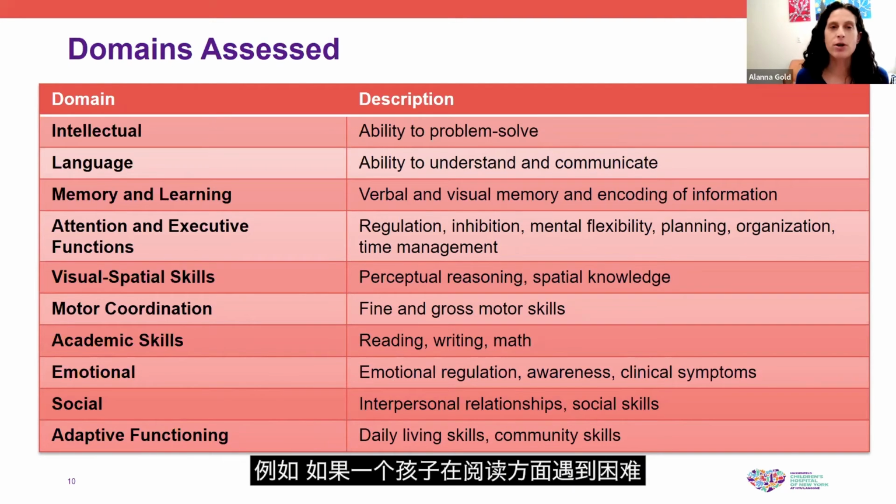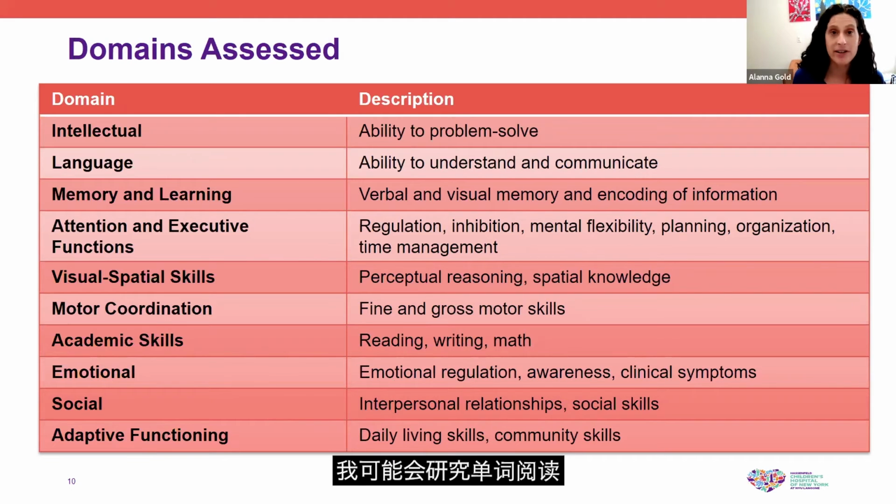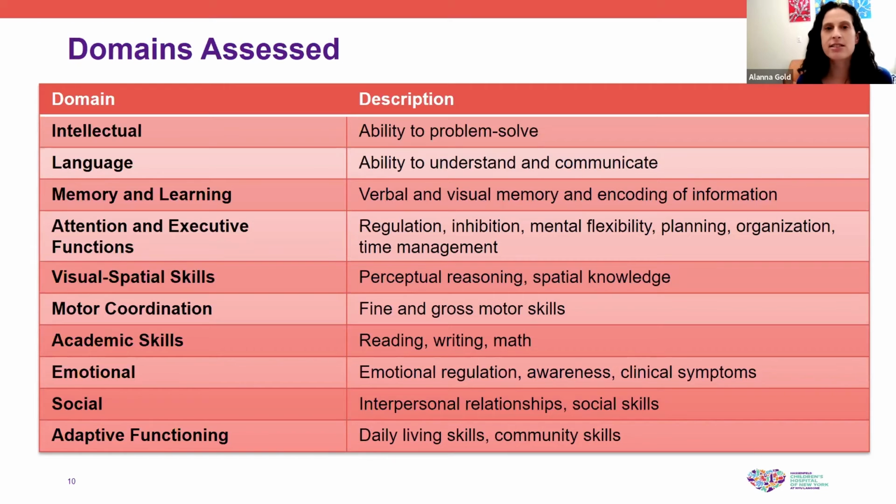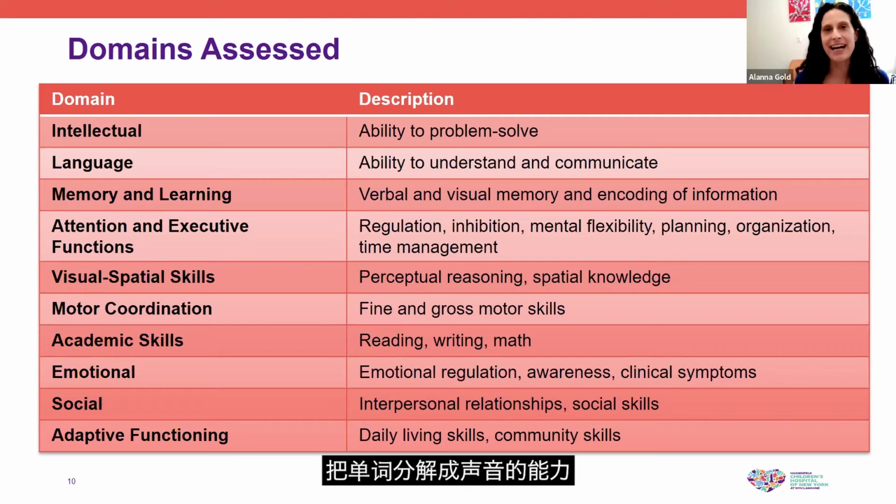So for example, if a child is struggling with reading, I may look at word reading, at decoding new words or nonsense words, at reading comprehension and fluency. And I may also look at some of the cognitive underpinnings of reading, such as rapid naming of letters and digits, or phonological processing, the ability to break down words into sounds.